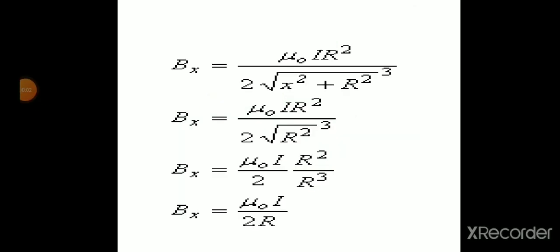So the net magnetic field at an external point P is given by mu 0 I R square divided by 2 into x square plus R square whole raised to 3 by 2.